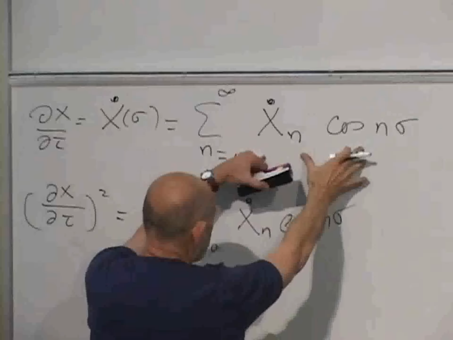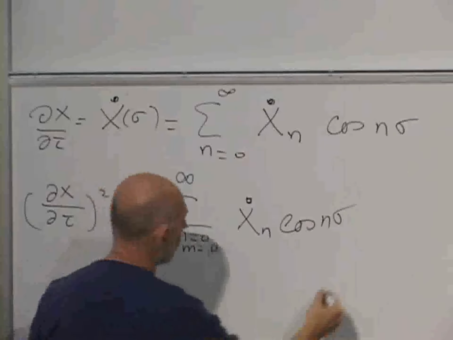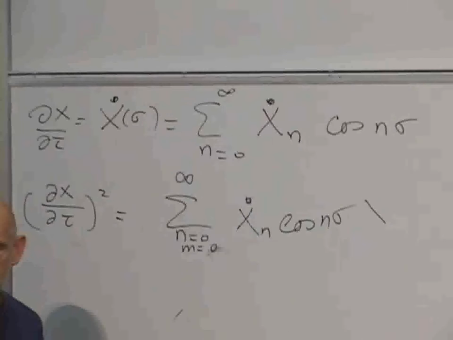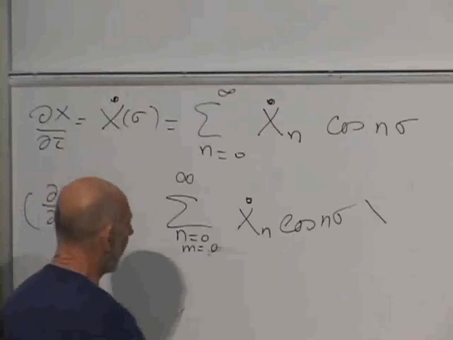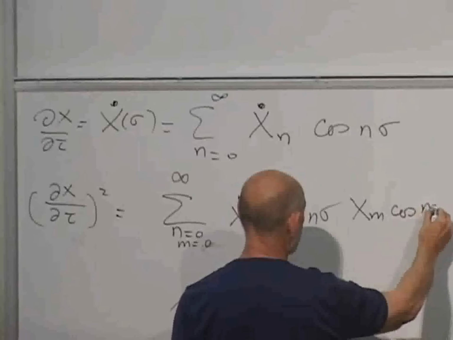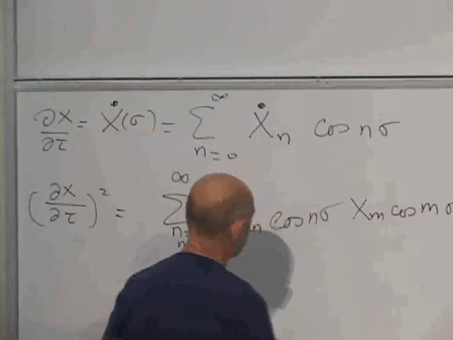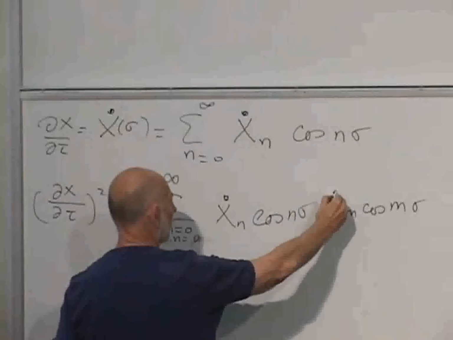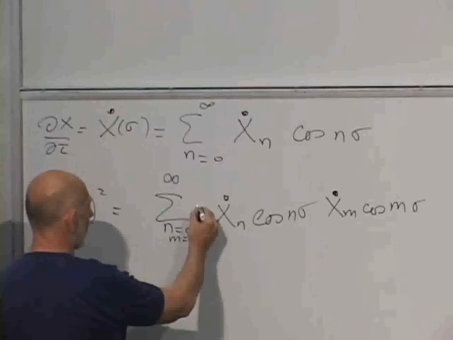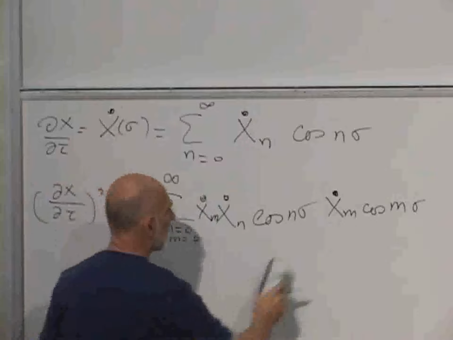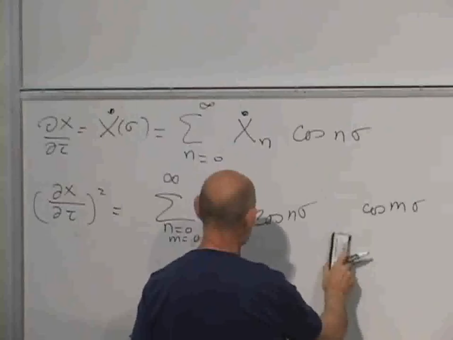I've just rewritten this, but then what do I multiply it by? I multiply it by xm dot cosine m sigma. All right, so let's group them together: xn dot, xm dot, cosine n sigma, cosine m sigma.